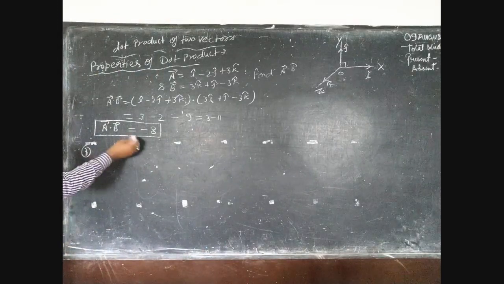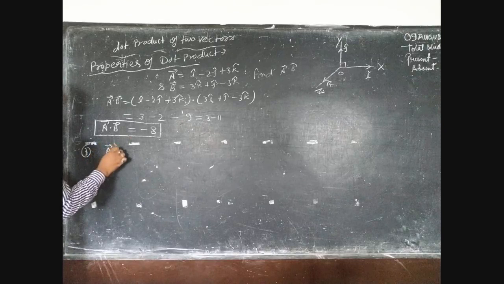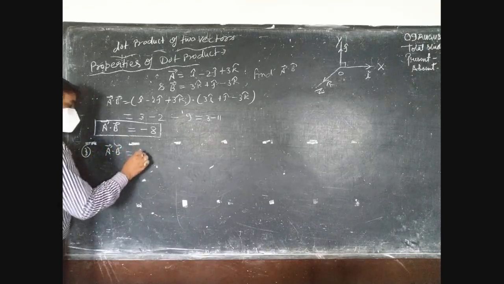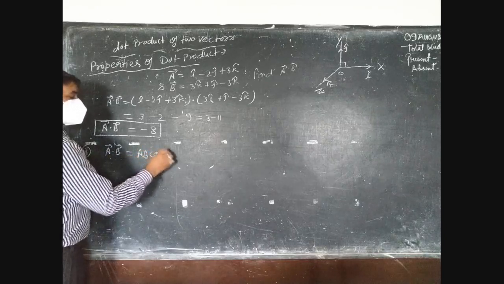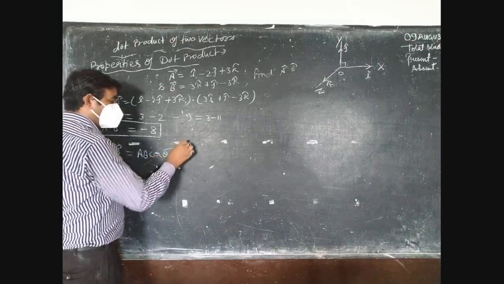So if we have vector A and vector B, then we get the product of the two vectors as AB cos theta, where this theta is the angle of projection.